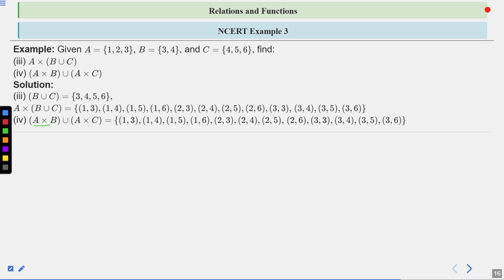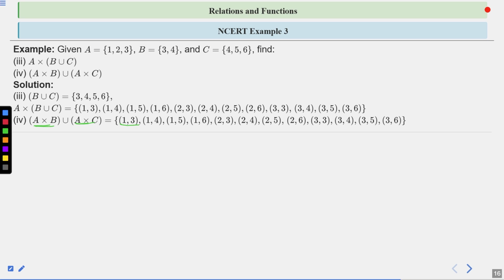Now for (A cross B) union (A cross C), quite simple. We have already seen what our A cross B and A cross C are. Now we are just collecting all elements from both sets as we have to construct this union set. So the set is (1,3), (1,4), (1,5), (1,6), (2,3), (2,4), (2,5), (2,6), and (3,3), (3,4), (3,5), (3,6).